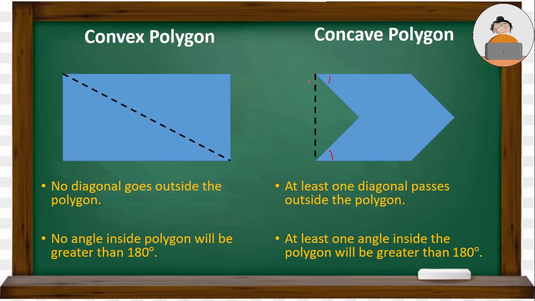Another point that differentiates these two polygons is that in convex polygon, none of the interior angles will be greater than 180 degrees, whereas in case of concave polygon, at least one interior angle will be greater than 180 degrees.